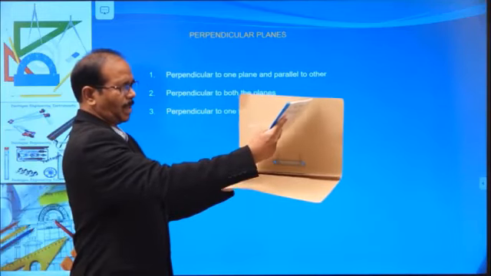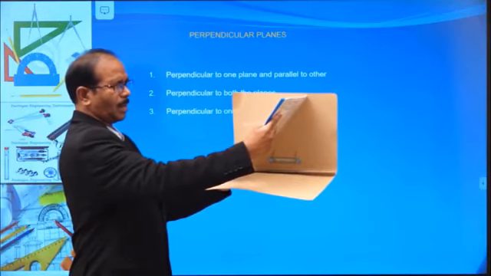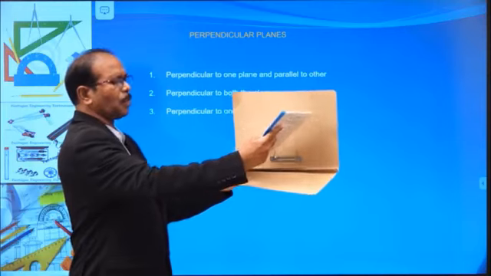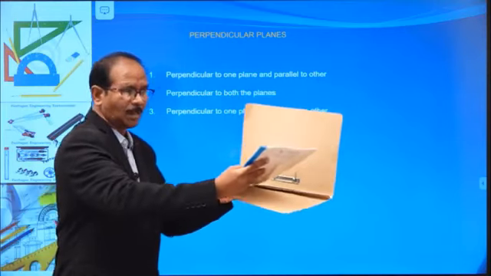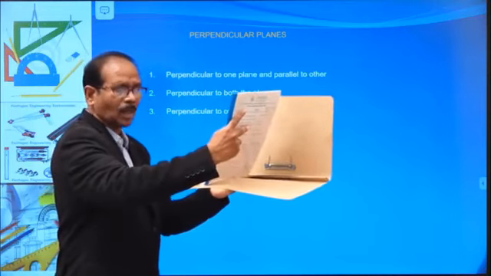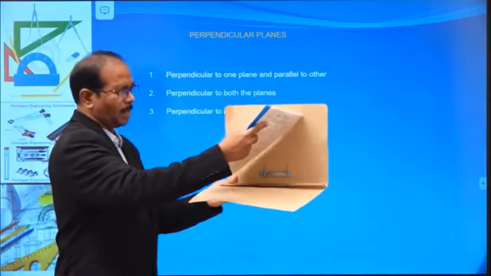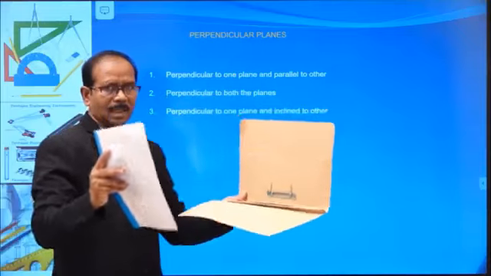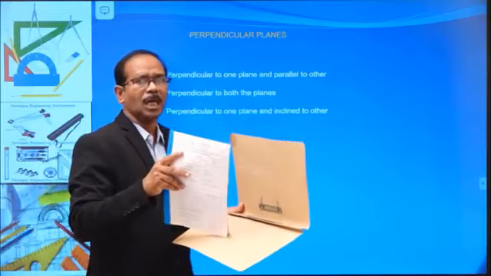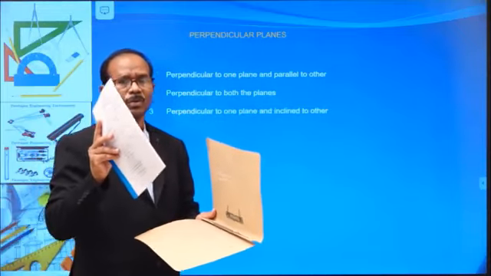The front view is a line. The top view is reduced in shape because of this inclination, while the front view remains a line. Listen carefully: this type of problem is solved in two stages.